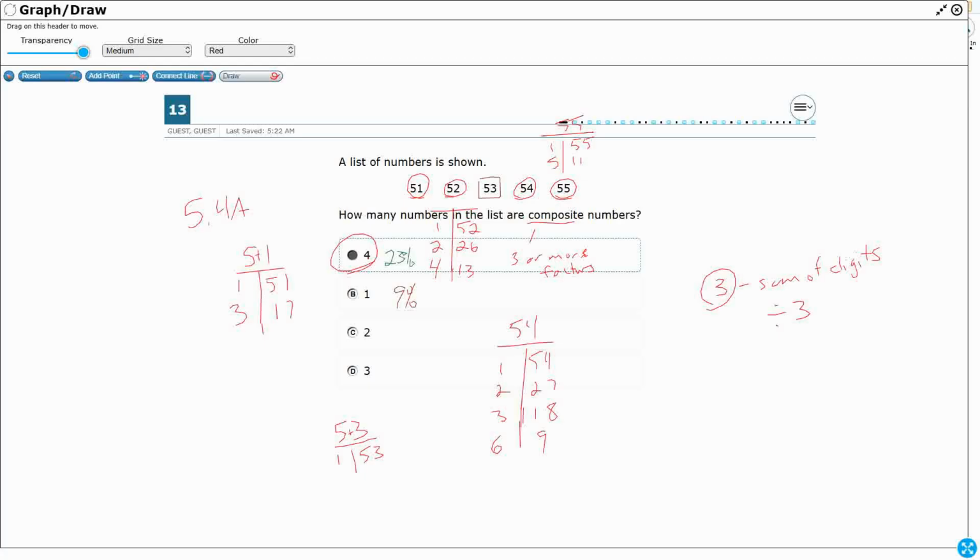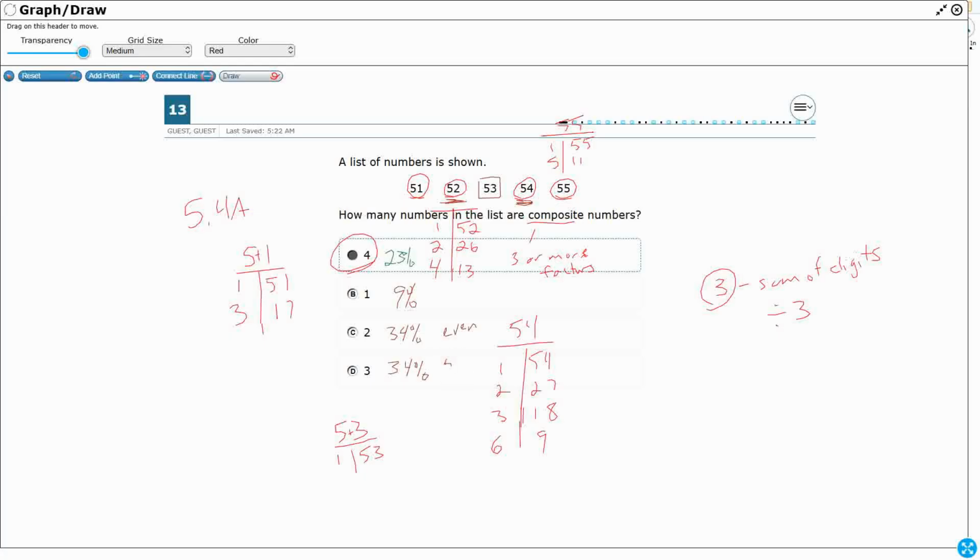We had 34% choose C, and that's because there are 2 even numbers, right? So they might have just identified the even numbers. And then we had 34% choose D. So both C and D were chosen more than the correct answer of A.